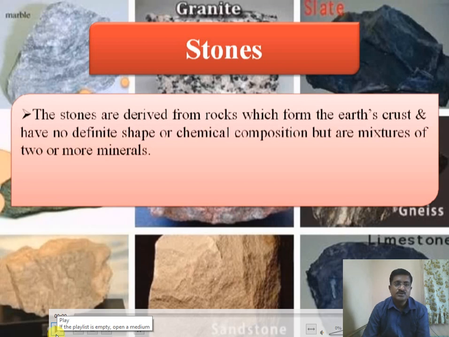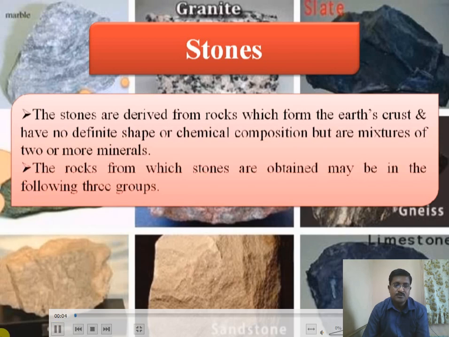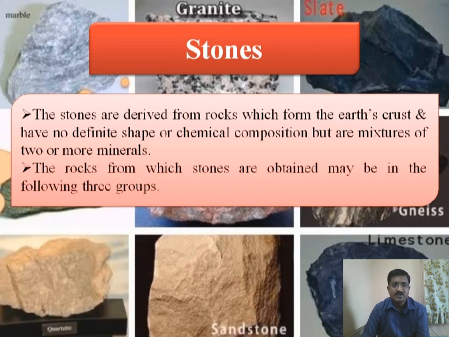Stones are actually derived from rocks which form the earth surface, the earth crust, and have no definite shape and chemical composition, but are mixtures of two or more minerals. So that depends upon the type of stone, how you are going to use it.